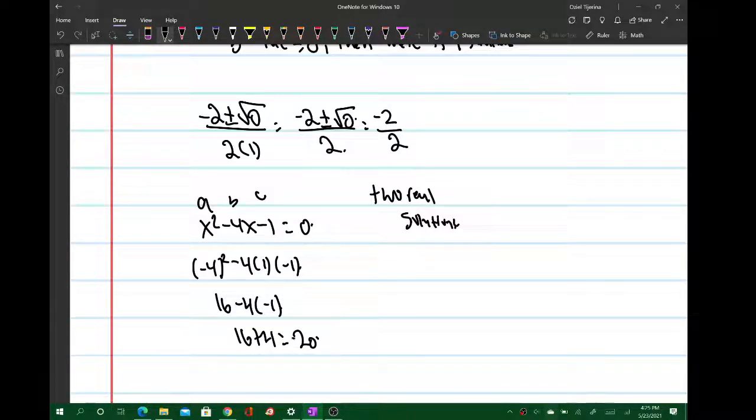That's because the square root of 20 is plus or minus 2 square root 5.